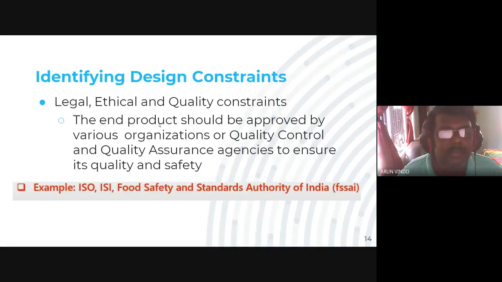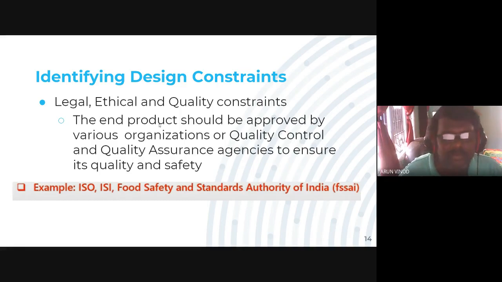The next is legal, ethical, and quality concerns. Say, for example, take food safety. If you are designing a product that is a food product, you have to get the approval from the government, that is the Food Safety and Standards Authority of India, FSSAI. ISO is there, ISI is there.